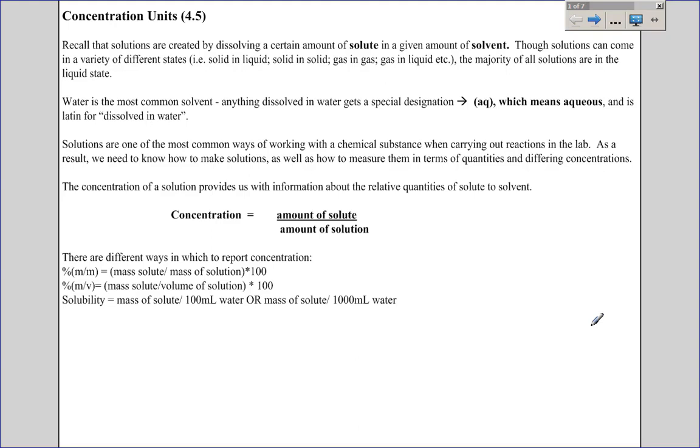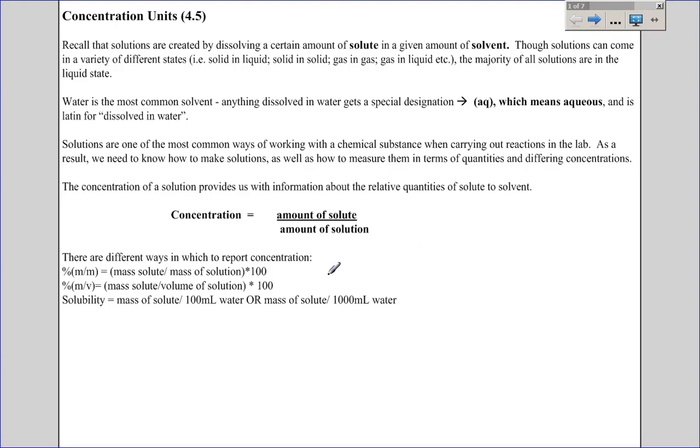The concentration provides us with information about the relative quantities of solute to solvent, and it's always listed as the amount of solute per amount of solution. This is a general form of concentration, and there are many different units that we can use to express concentration. If you look around your medicine cabinet, you'll see some of these ways.